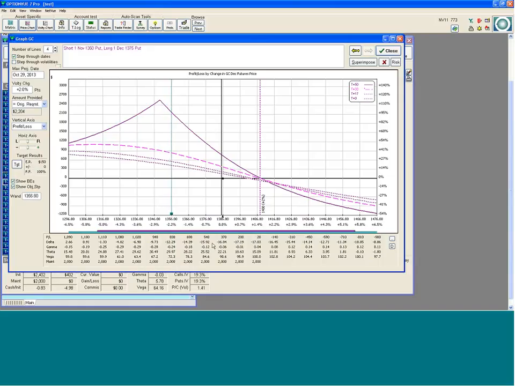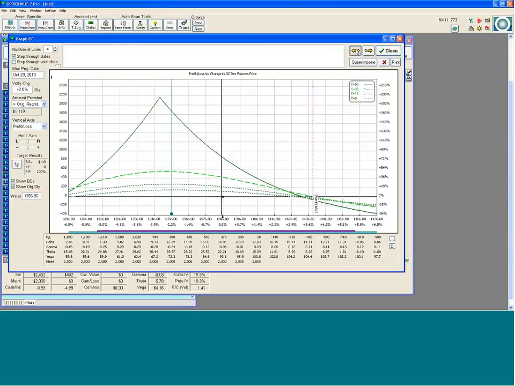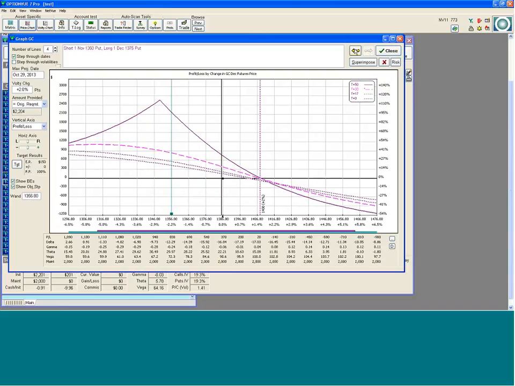because we have a larger negative delta starting out. This is the difference between the two graphs. We have upward sloping performance lines on the diagonal calendar put spread because we're starting off with slightly more negative deltas. And this will be a little bit more of an aggressive position.